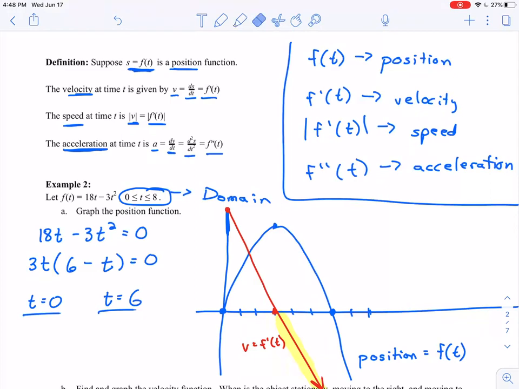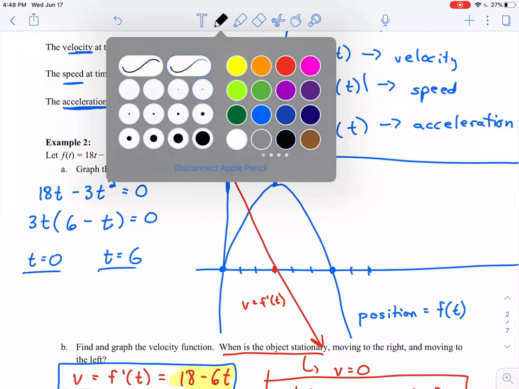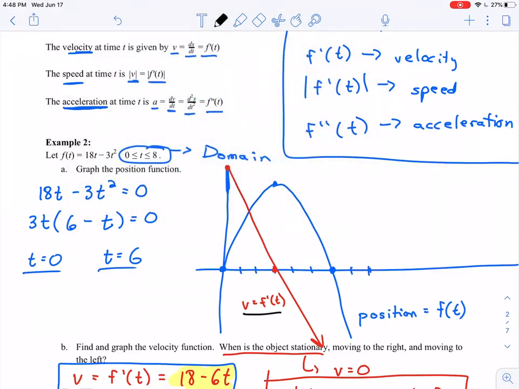So let's look at our graph here. I'm going to look at my red velocity function here, and I'm going to draw the speed function in black. If your velocity function is positive, your speed function agrees with your velocity function, meaning it has the same value. So over here, since my velocity was already positive, my speed is also positive, and the black line will fall right on top of that red line.